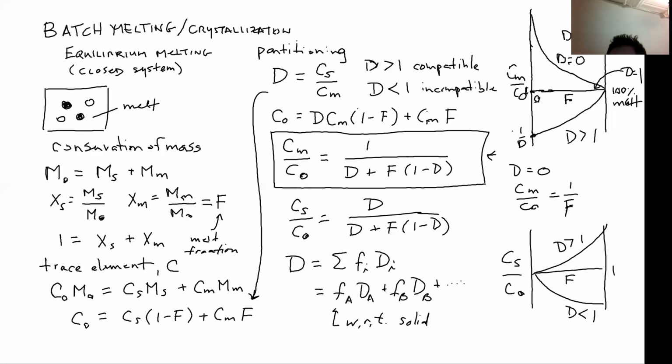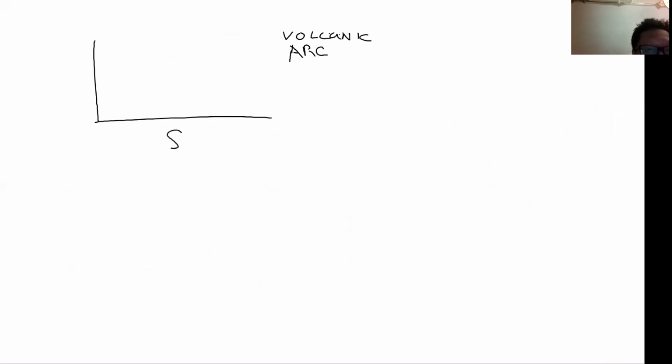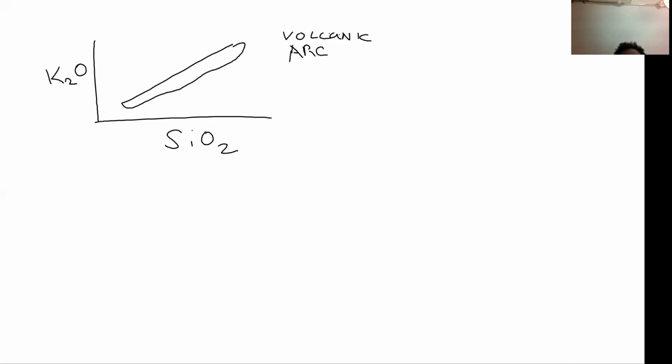Where this can become useful for you is if you go and look at a magmatic system. Often you might plot, like in an arc system, a volcanic arc, SiO2 against K2O, and often you'll see an array that looks like this.